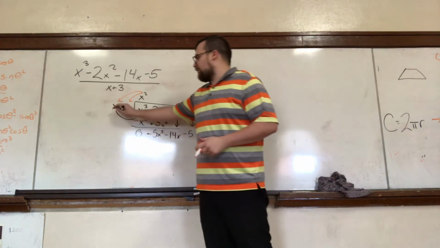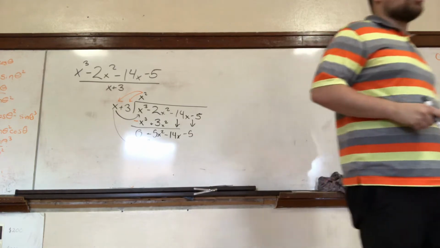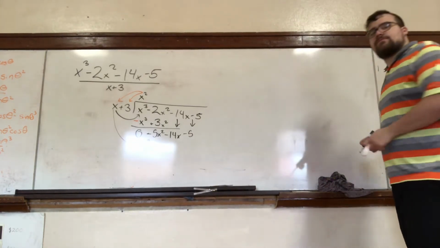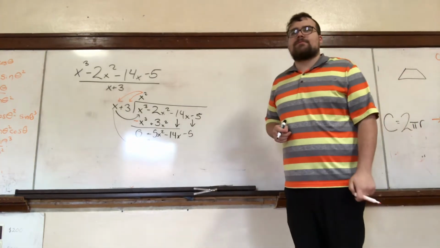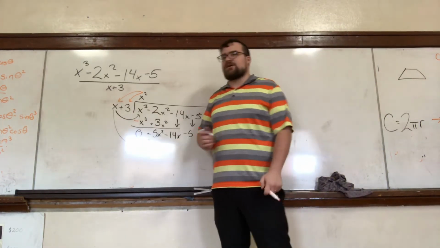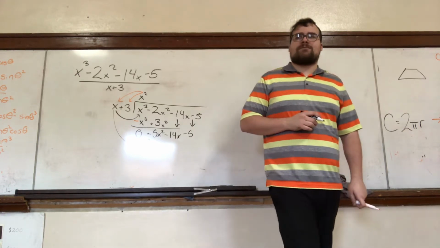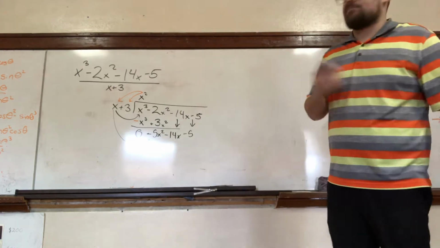We ask ourselves, how can we make x match negative 5x squared? What do we multiply it by? Negative 5x.